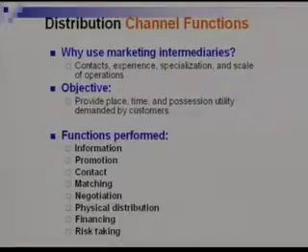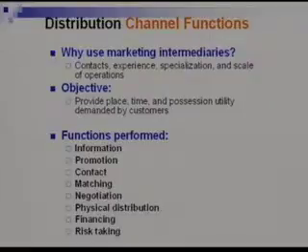So these intermediaries provide all sorts of different functions. They provide information to the manufacturer. They will work on the manufacturer's behalf to promote the product. They will provide contacts for the manufacturer. They'll match up what the consumer wants with what the manufacturer wants. The intermediaries are involved in negotiations, the physical movement of the product, and also in financing.